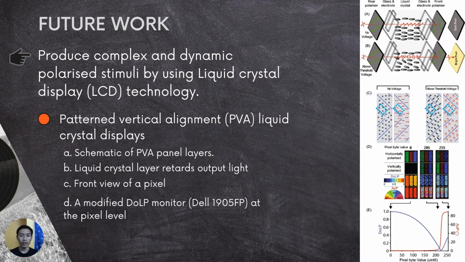For B, for different applied voltages, the liquid crystal layer retards output light to different extents, altering its DOLP. For C, front view of a pixel, showing the liquid crystal alignment and polarization state of output light. And for A to D, the width of the electrode is approximately 100 micrometers and each pixel is 293 micrometers tall and wide.